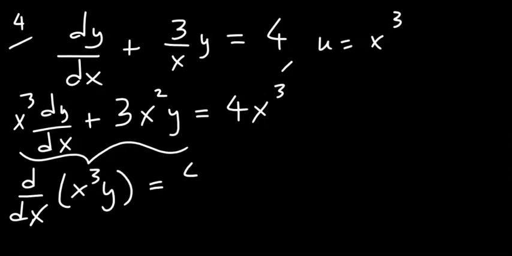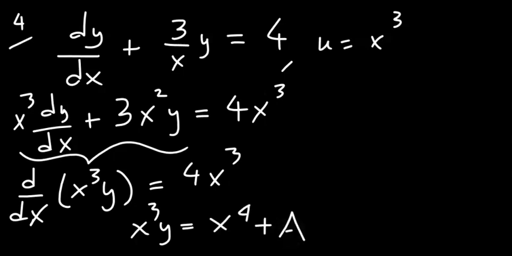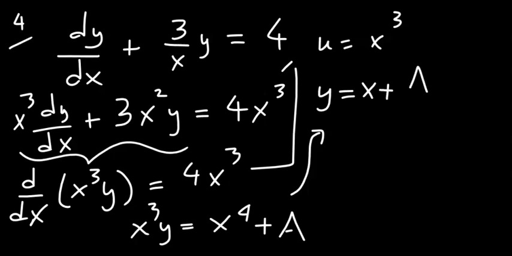The right-hand side is just 4x cubed. Now integrating both sides, you get x cubed y equals x to the power 4 plus an integration constant a. And now we can express y in terms of x in the following manner. y is just x plus a over x cubed. And that's the general solution to this differential equation.